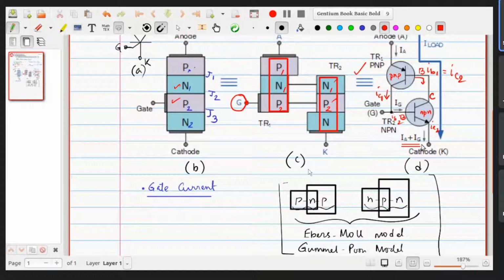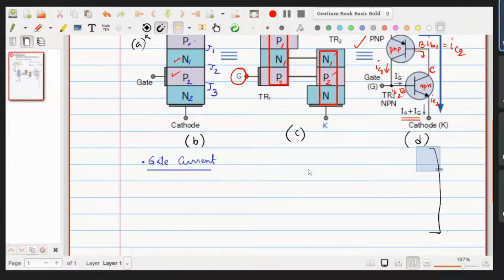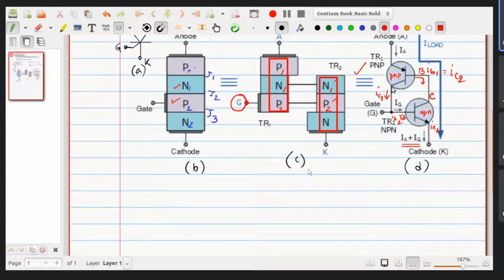So if we consider this portion, then we can put it in this way. In this particular figure, the collector current of transistor TR1 becomes the base current of transistor TR2.